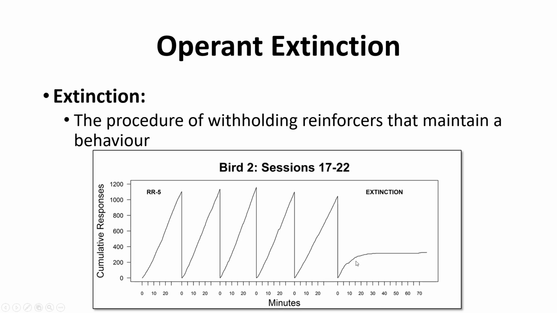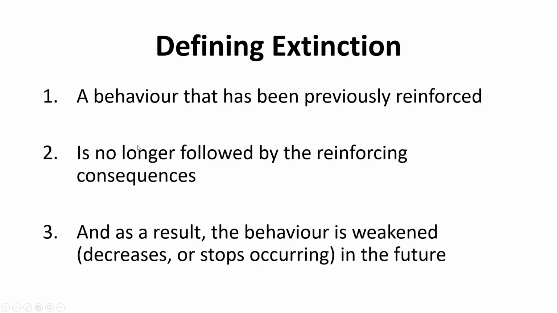Kind of like what we're seeing right here, where there's that stop in responding with that flat line. So with extinction, the present action is that the behavior is no longer being reinforced, and what that means for the future is that the behavior stops occurring or occurs less often or less intensely.